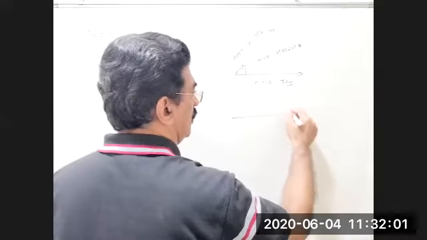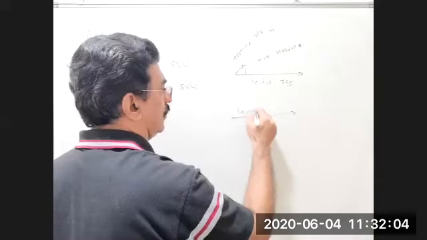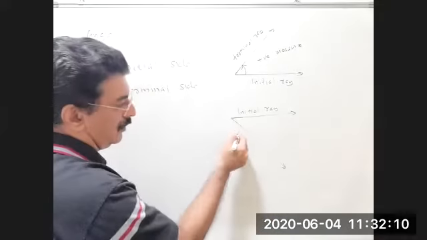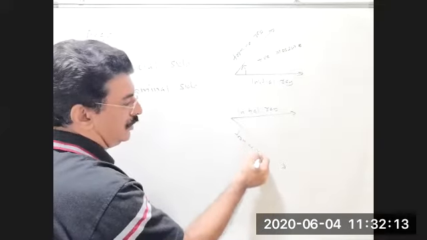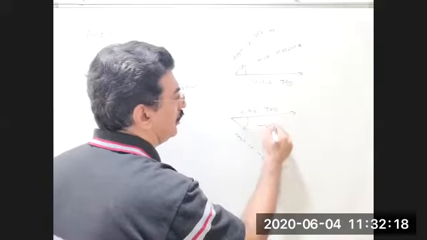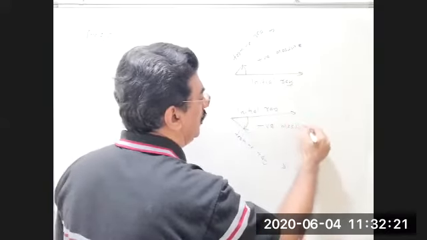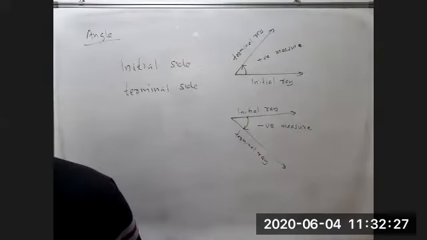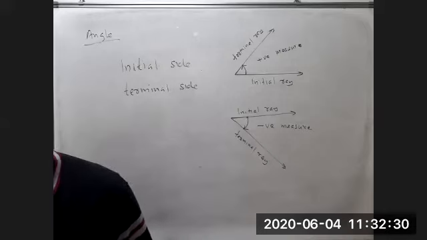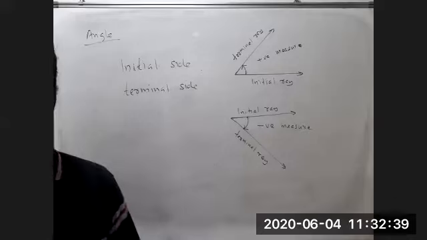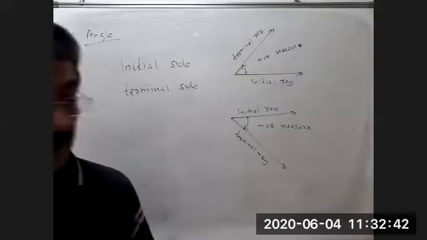Again, this one: initial ray, terminal ray. This one we are coming clockwise. This is negative measure.